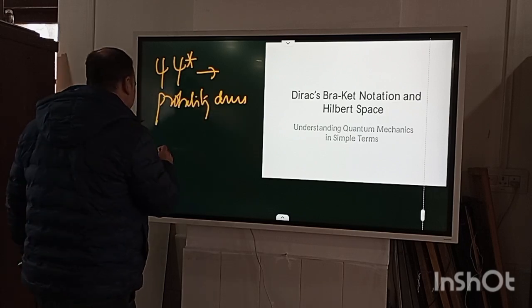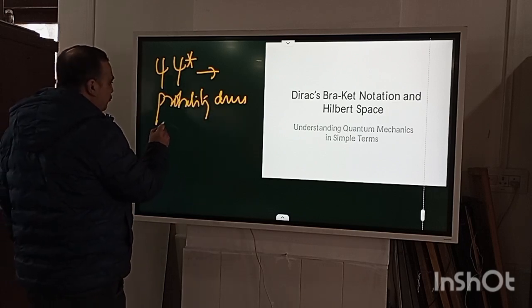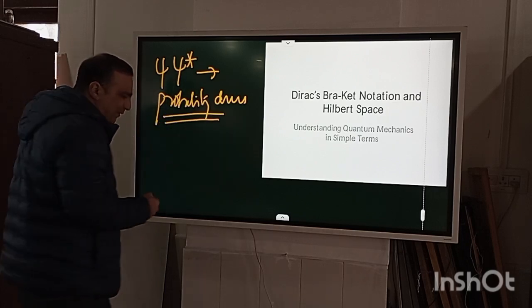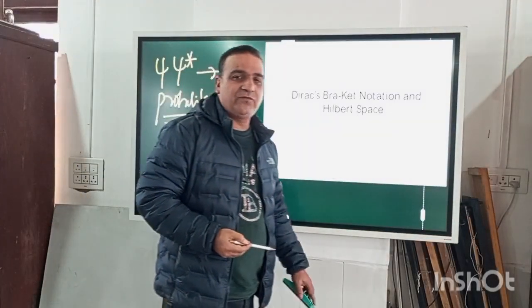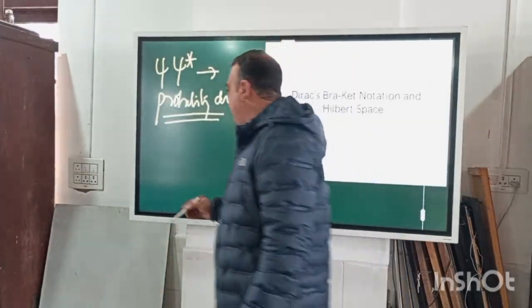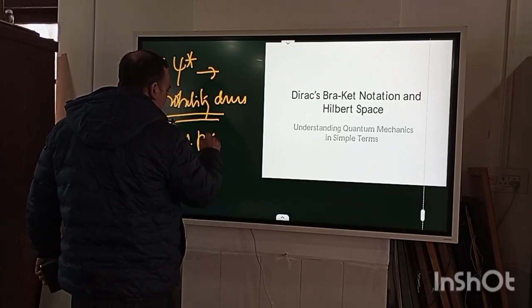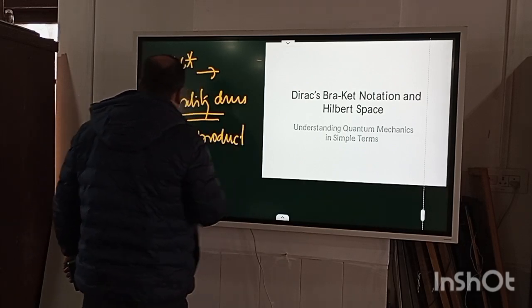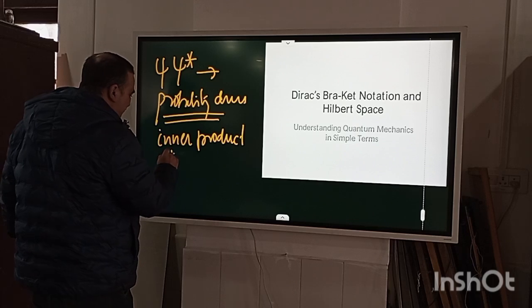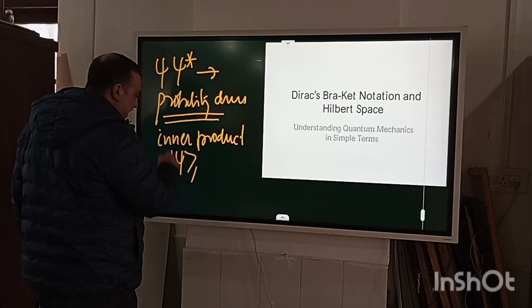In a similar fashion, if we have to do the probability calculation for the state vector, we make use of the inner product. Now, what is this inner product? We have the state of psi. This is the ket of psi.